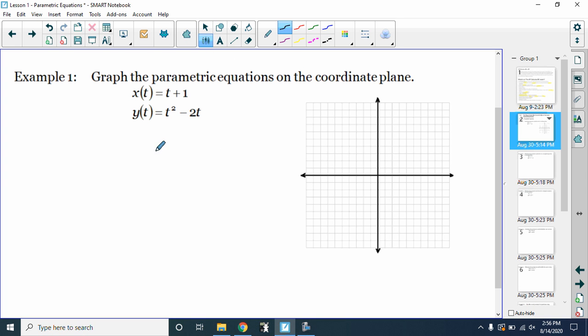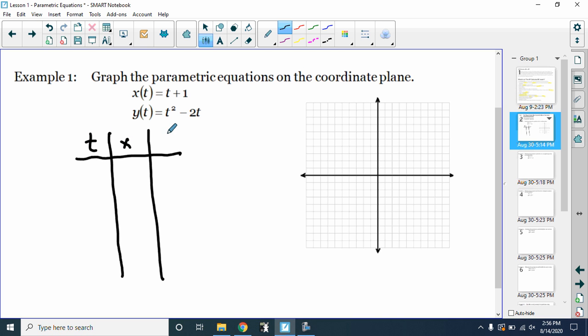To graph, we are going to set up a chart, but instead of just x and y, now we're going to start with t, and we're going to get x values and y values. So if I plug in 0 for time, at time 0, the x value, so the particle, has an x coordinate of 1, and a y coordinate, if I plug in 0, I get 0.